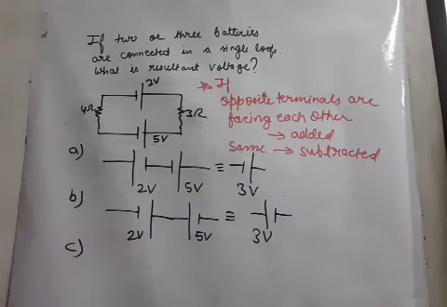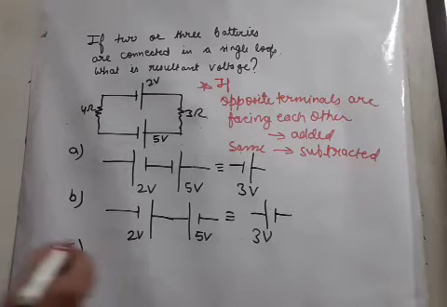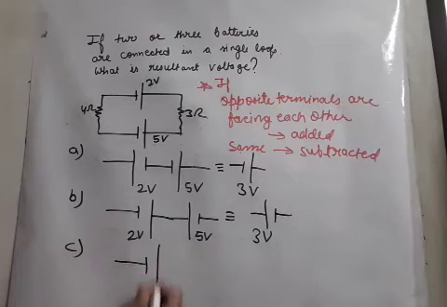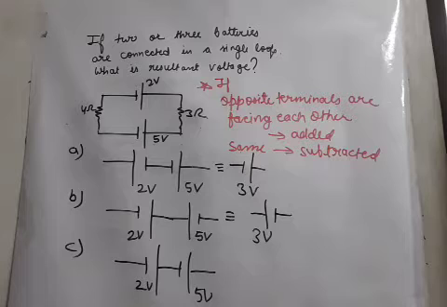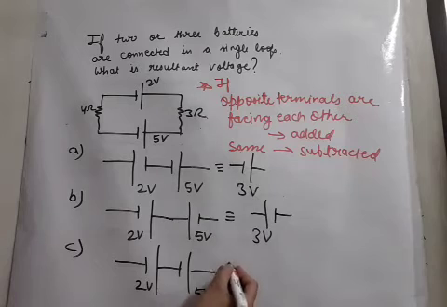Okay, let us take case C. Suppose 2 volt and 5 volt battery are connected like this. Now positive of one is facing the negative of another, that means opposite terminals are connected to each other, and that means they are added now.